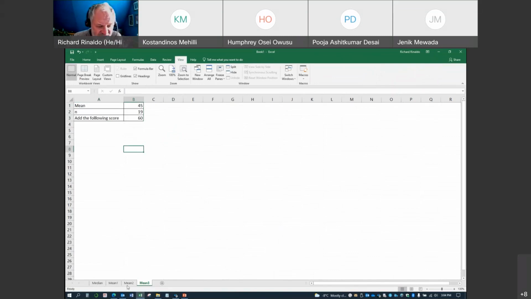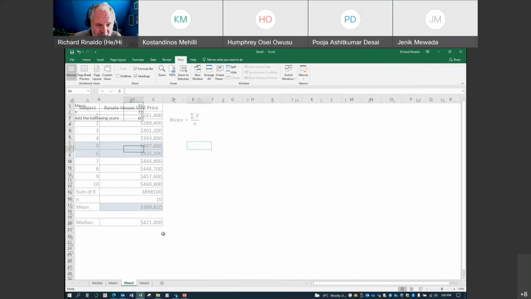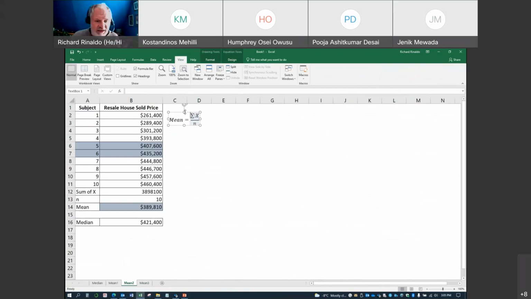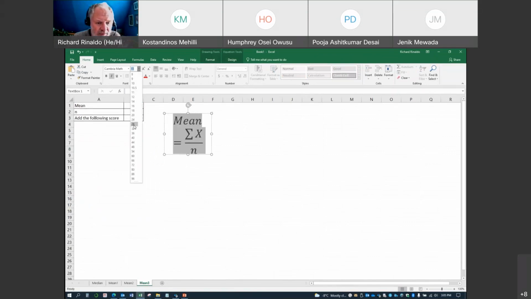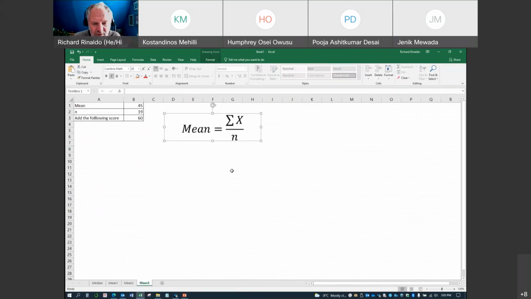Okay, so the key thing is I know that the mean is equal to the sum of x over n.